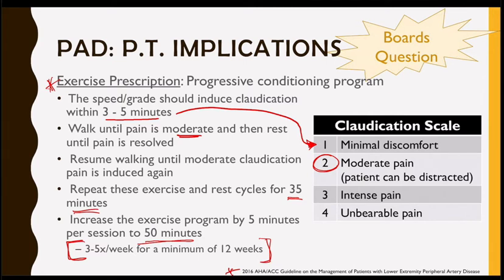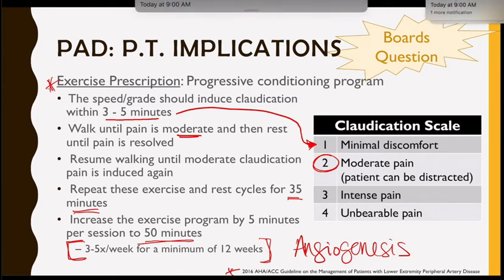It could grow new blood vessels, a process known as angiogenesis. Angiogenesis is the growth of new blood vessels. Ischemia will stimulate the cellular changes needed to form collateral vessel growth.